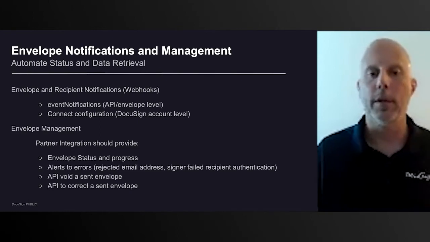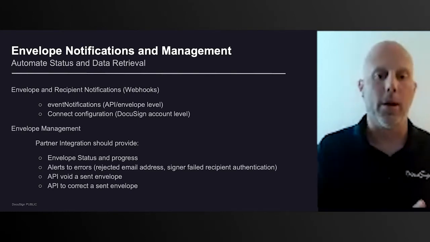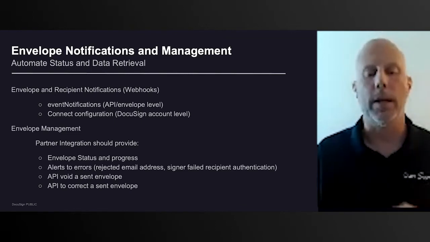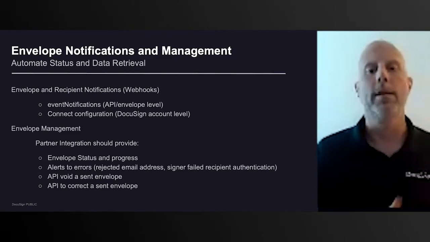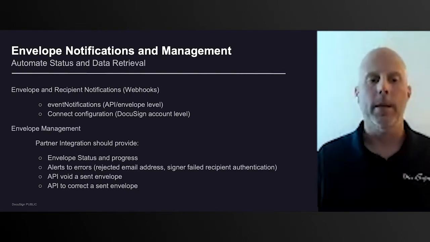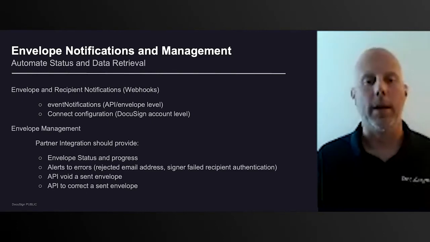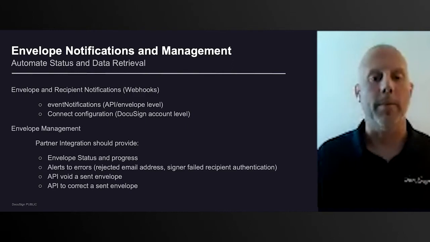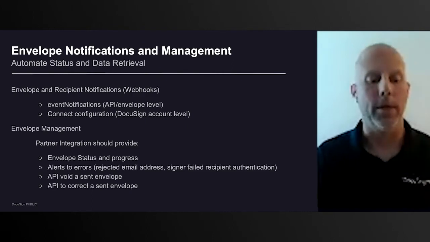You're subscribing. You have a listener. We're now making a call into you and saying, you told me you wanted to be notified when this envelope was sent and completed. Boom, here it is. So you don't need to poll our system. We will tell you when those statuses hit in real time. So you're just receiving either XML or JSON messages from us and processing them.